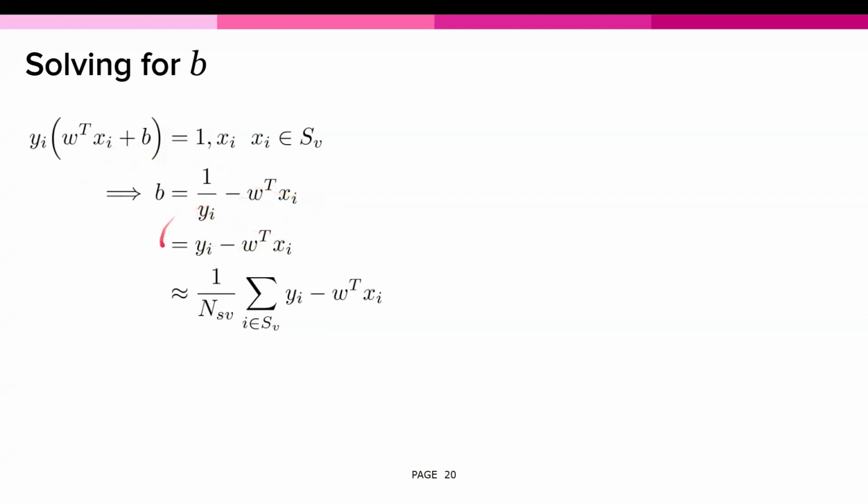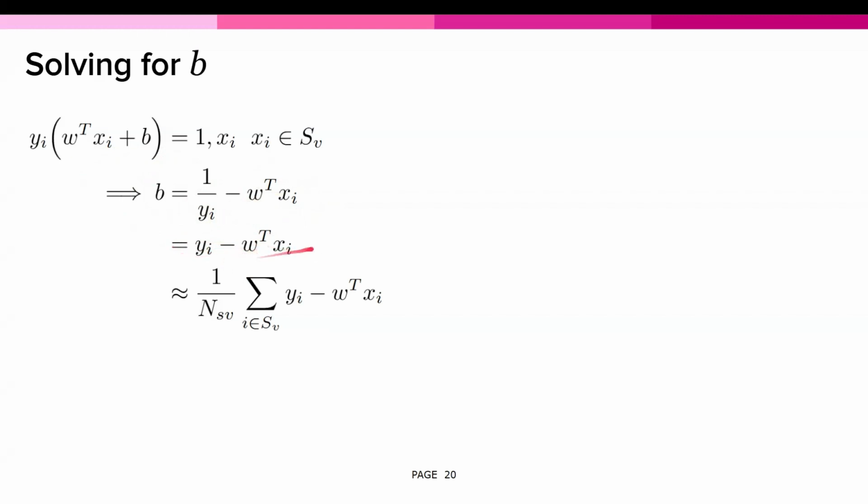By isolating B on one side, we can express it in terms of the weights and the support vector. The bias is simply the negative of the inner product between the weight vector and the support vector, plus the class label of the support vector.